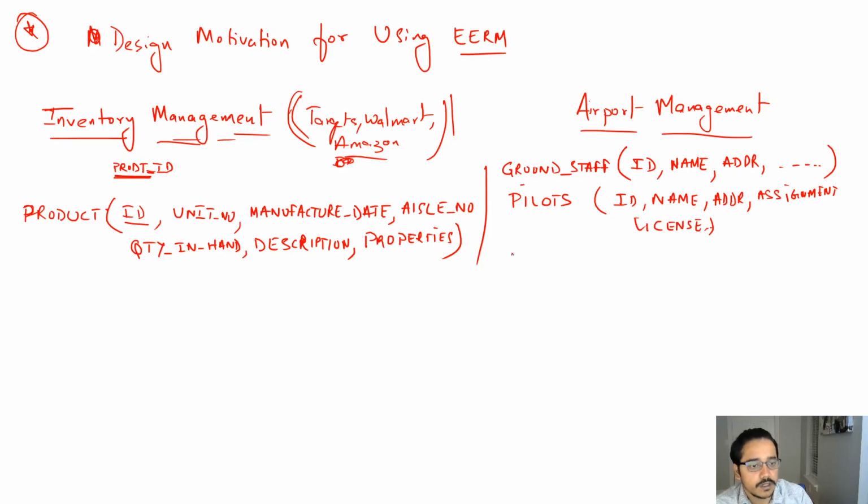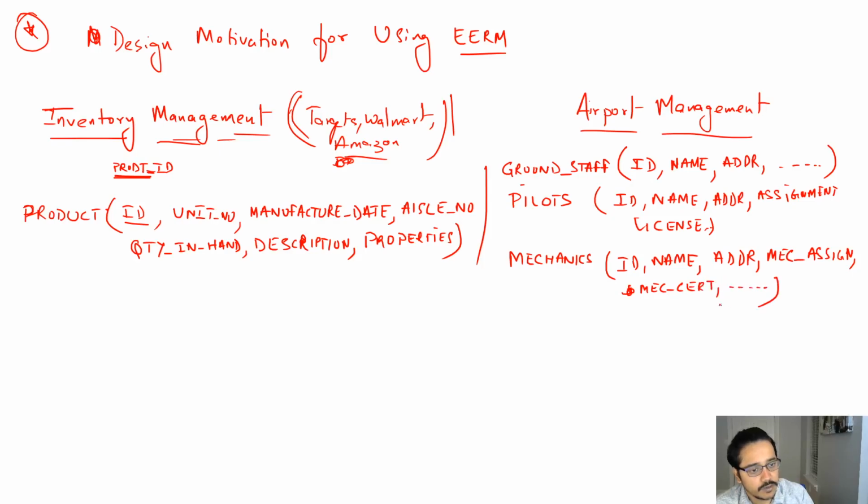Etc. Then you can have mechanics, which will also have ID, name, address, and then mechanical assignment, specialization, let's say mechanical certification, and so on.